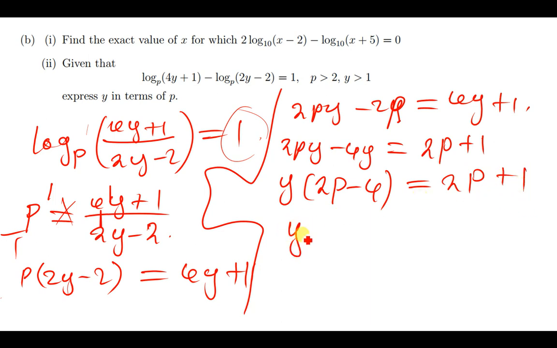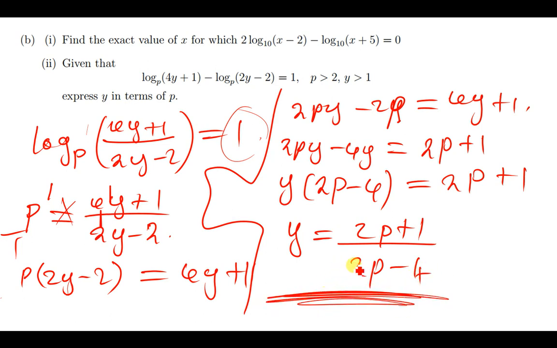So the value of y, or y in terms of p, is simply going to be, when we divide everything by 2p minus 4, we are going to have 2p plus 1, everything divided by 2p minus 4. So this is the solution that we're going to have. This is what we are going to have as the answer there.